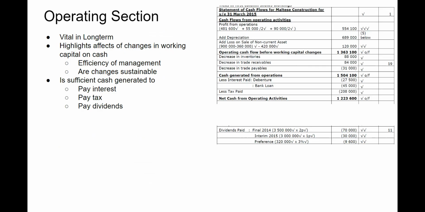Right, when we're looking at a cash flow statement, there's obviously the three main sections. Although I would talk about the other two sections afterwards and argue that they are quite linked together. Okay, but the operating section is obviously very, very important.